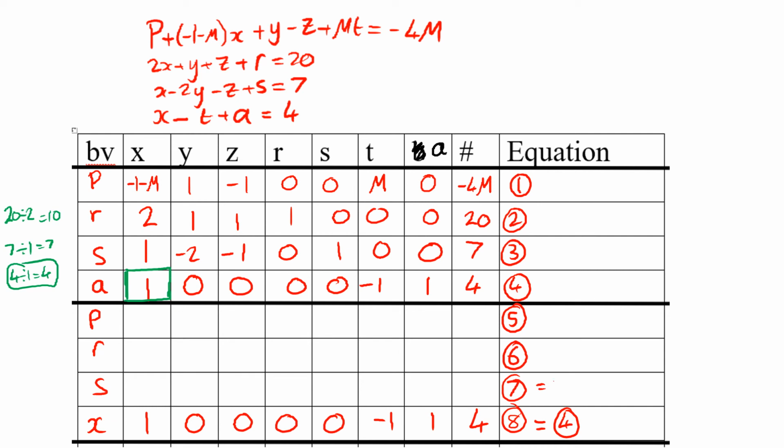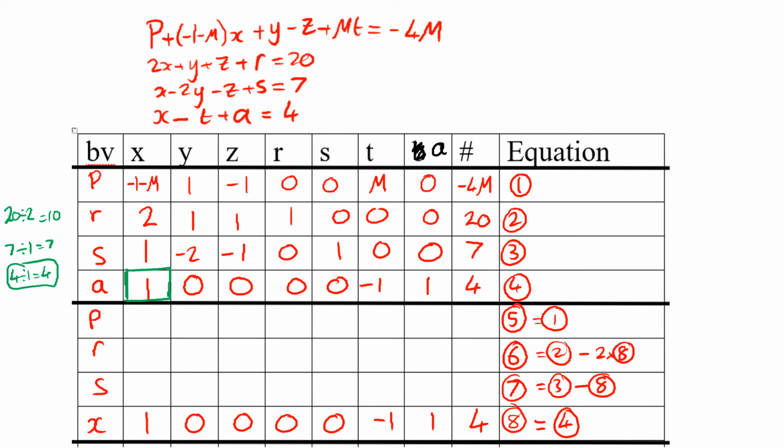Now if we want to write down the other equations, let's start from the bottom. So row 7 is going to be row 3, but take that away. So we're going to need to subtract row 8, or we could even subtract row 4 from it, to be honest, wouldn't make a difference. For 6, we're going to take away 2 lots of row 8, or 2 lots of row 4 if you want.